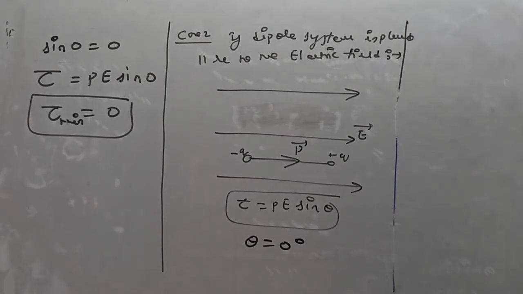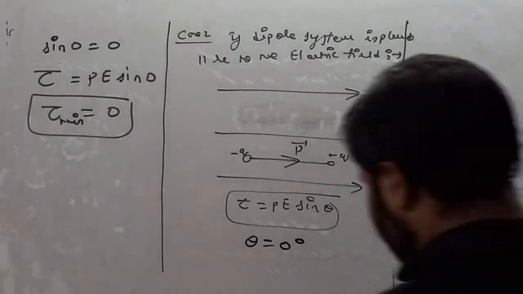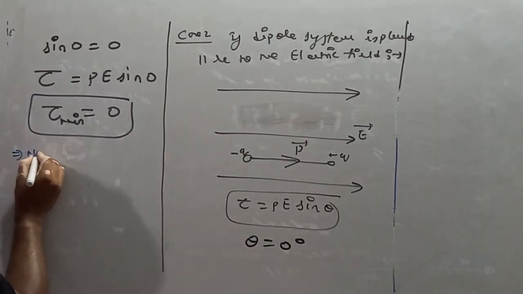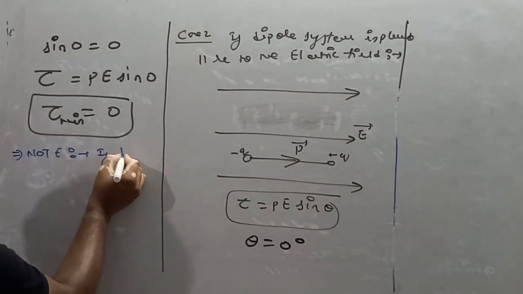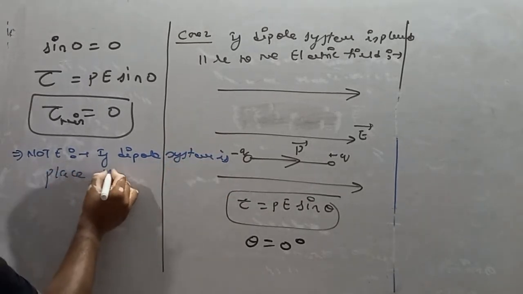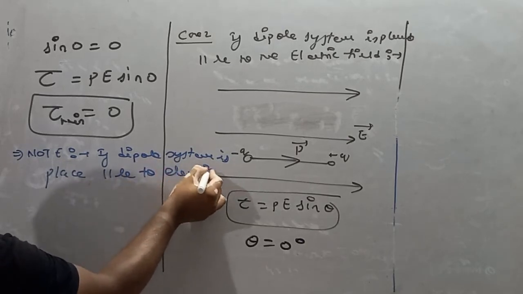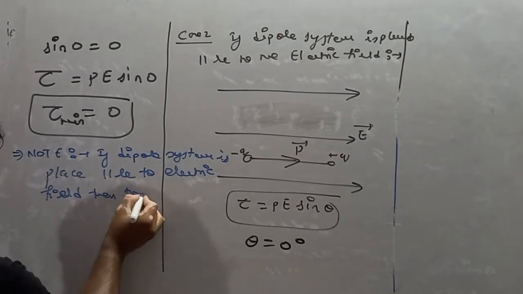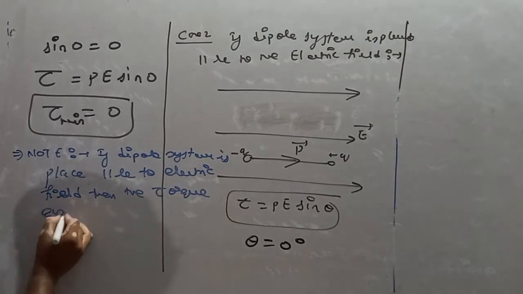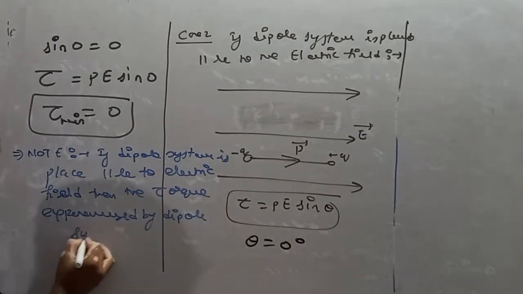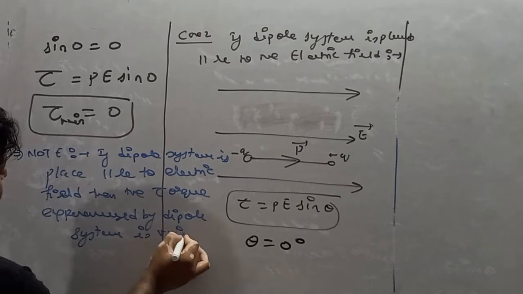So if anyone asks what is the condition of minimum torque acting on a dipole system when placed in a uniform electric field, then we'll answer, I'll write in the form of a note: if the dipole system is placed parallel to the electric field, then the torque experienced by the dipole system is minimum.